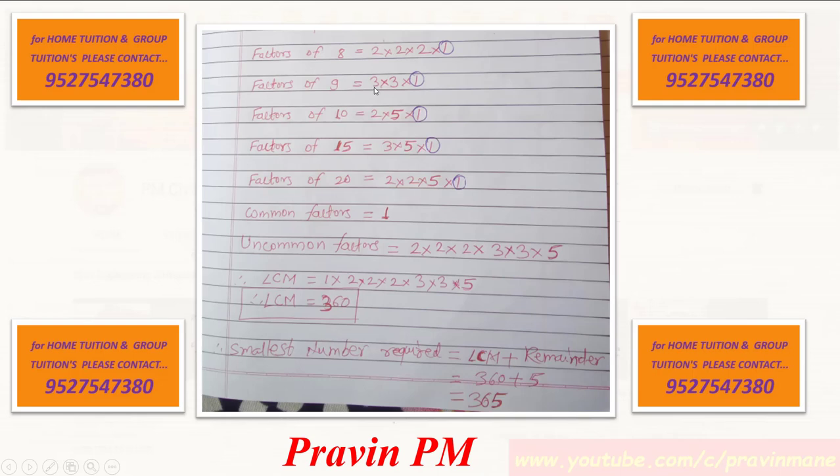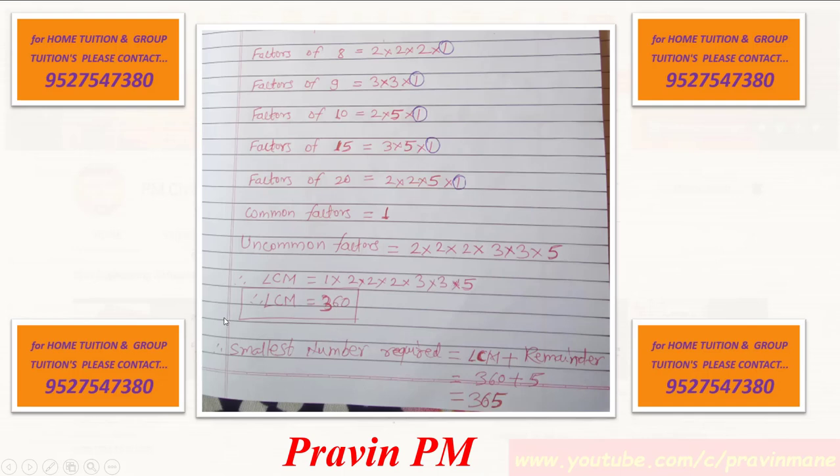Now 3 is uncommon, the first 3 is uncommon, the second 3 is uncommon, so 2 times 3, and 5 only one time, so 5 one time is uncommon. Then LCM is equal to the multiplication of the common factor as well as the uncommon factors. So LCM is equal to the multiplication of all these, that is 360.